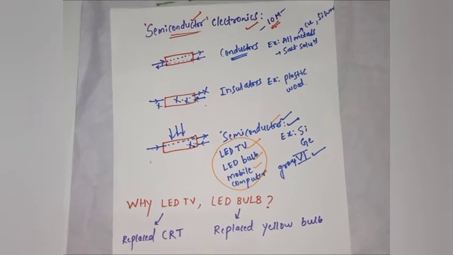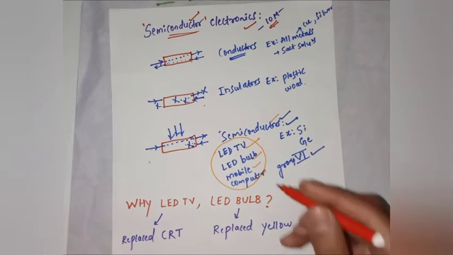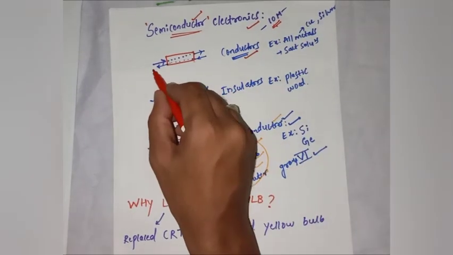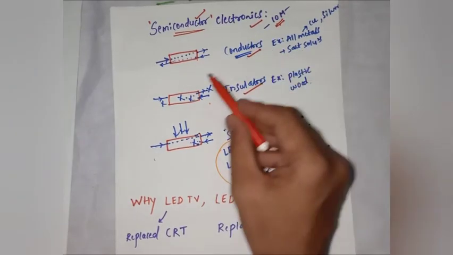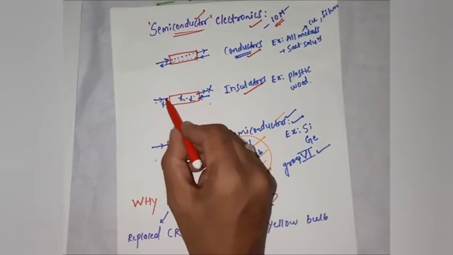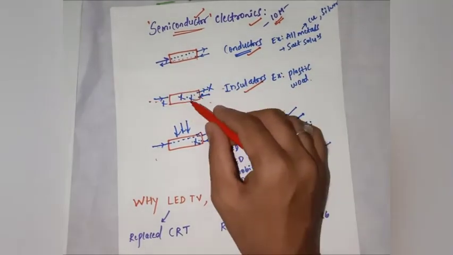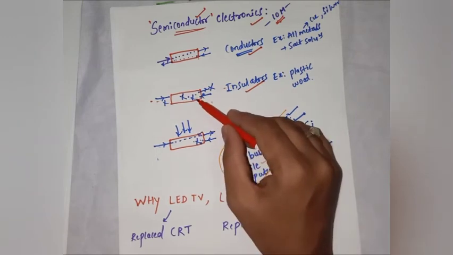Now let me go back to the same classification. Here, for conductors you studied, the current can flow in both directions, and for insulators, the current cannot flow in this direction or in the opposite direction. Both sides it is blocked.